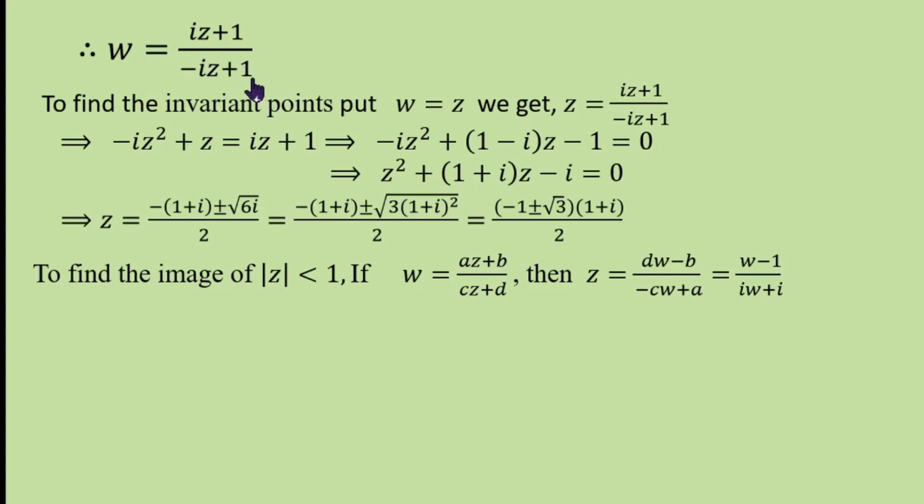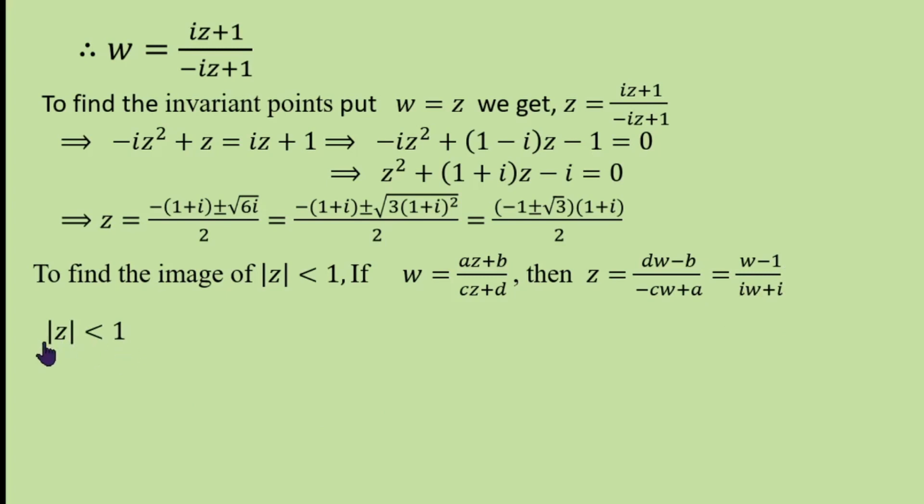So instead of z you write w, here i, and change the sign of c: minus i, so it is plus i into w. And b, here 1, change the sign, it is minus 1. So z can be written as (w minus 1) divided by (i into w plus 1).